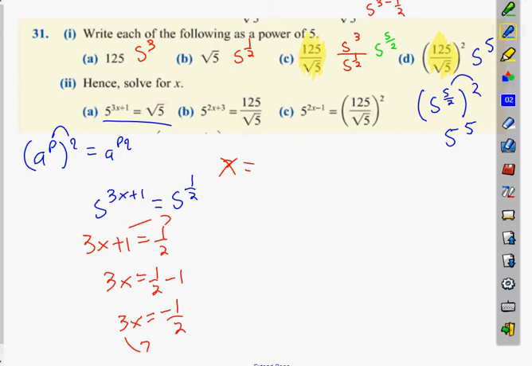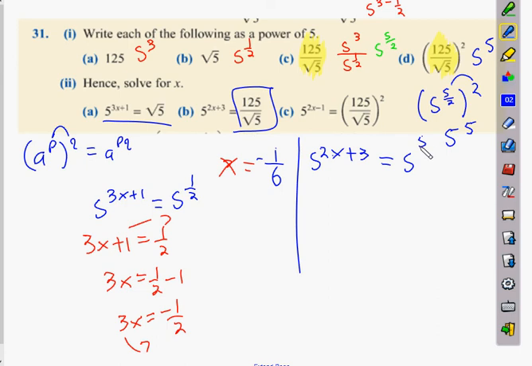Now the next one after that is going to be 5 to the power of 2x plus 3. Now, what did we say? Paddy, what did we say this one here was? 5 to the power of 5 over 2.